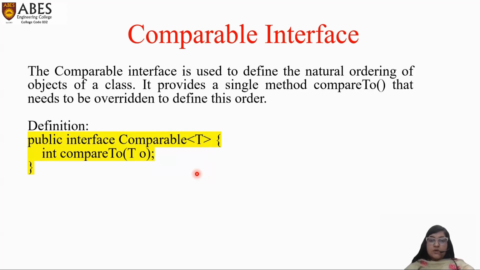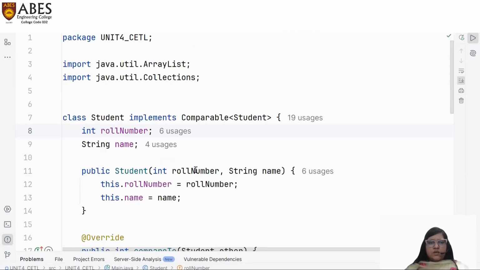Now let's discuss a code example of the comparable interface in the IDE. Here is the code of sorting using the comparable interface. In this, first we have our package, that is unit4_CATL. Then we import some necessary packages from java.util. Here first we have ArrayList, used for dynamic arrays, and then we have java.util.Collections, which is used to provide static methods for operations like sorting.